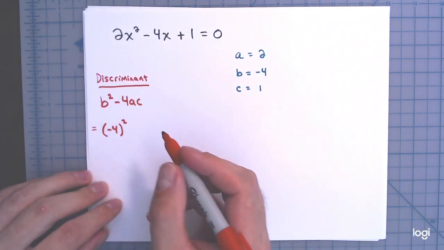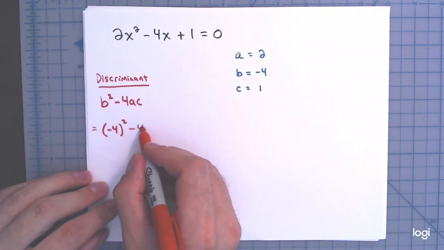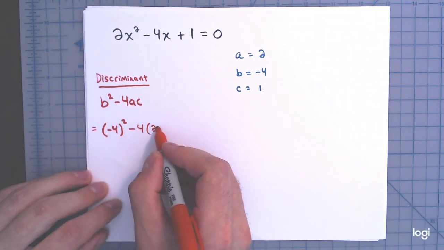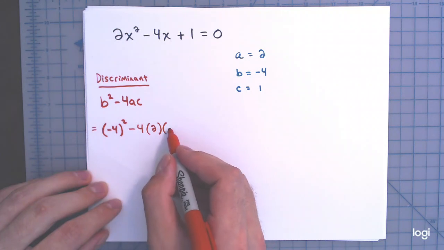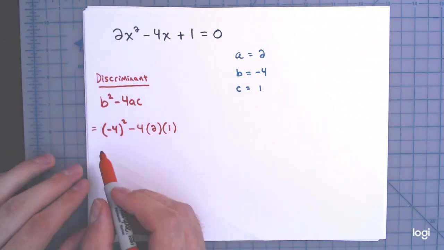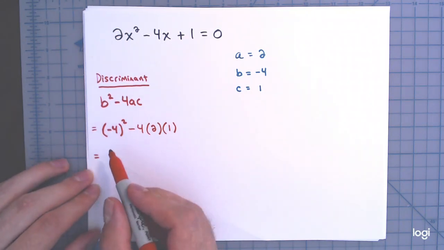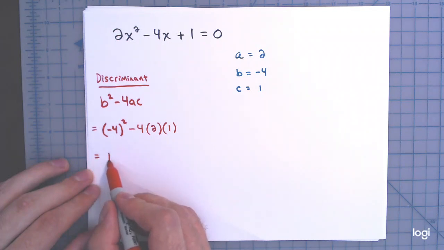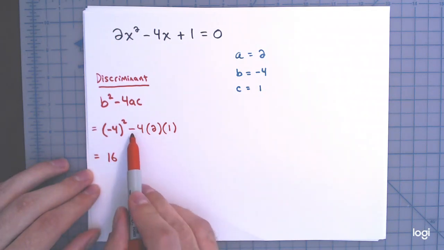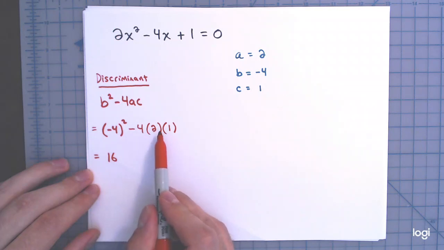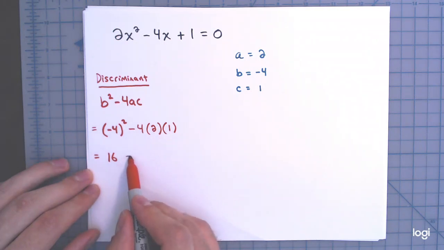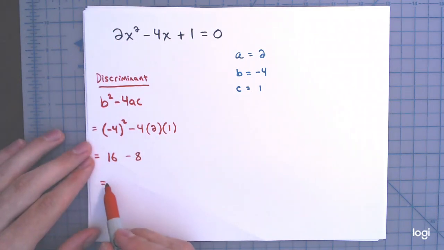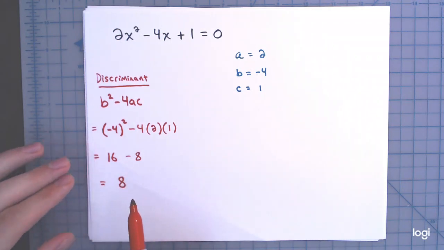Negative times negative. Then we have minus 4 times a, times 2, times c, times 1. So negative 4 to the second power, negative 4 times negative 4, positive 16. And then, minus 4 times 2 times 1 is 8. So I have the value of the discriminant is 8.